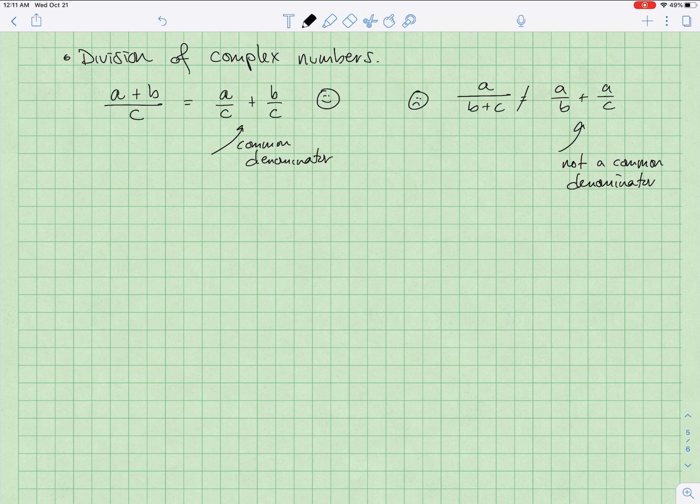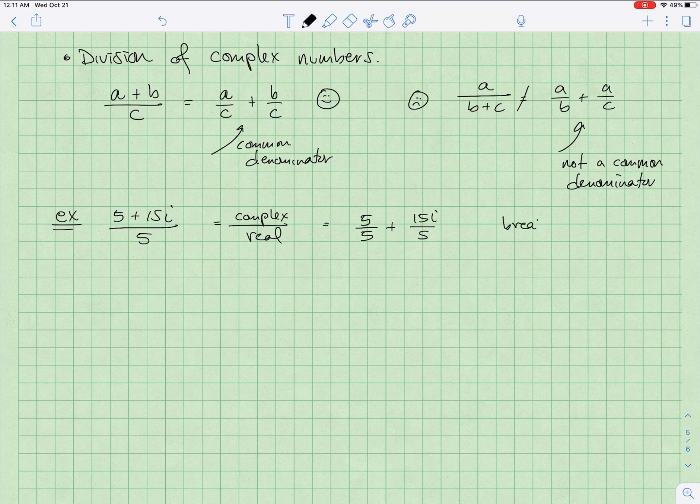Now, what does that have to do with what we're going to talk about? Well, we're going to talk about some examples of division of complex numbers. And the first one is something like 5 plus 15i divided by 5. This is complex divided by real. And in this case, all you're going to do is break this up as 5 over 5 plus 15i over 5.